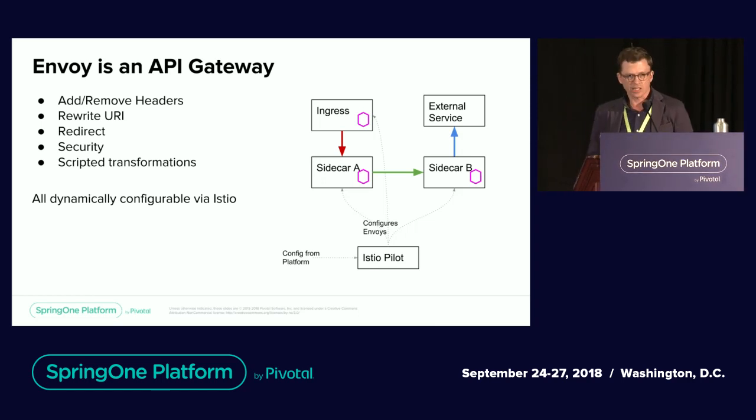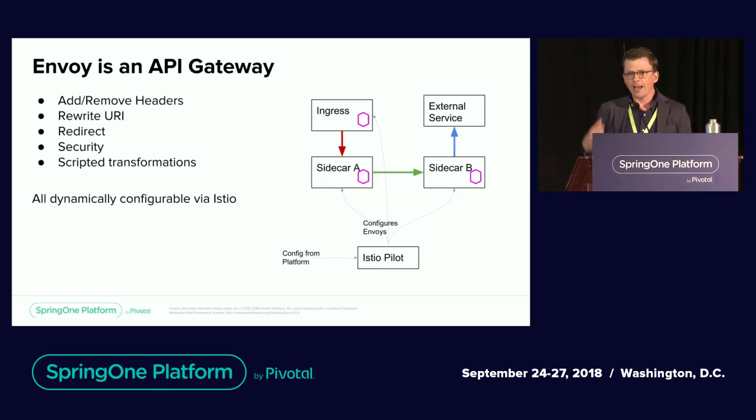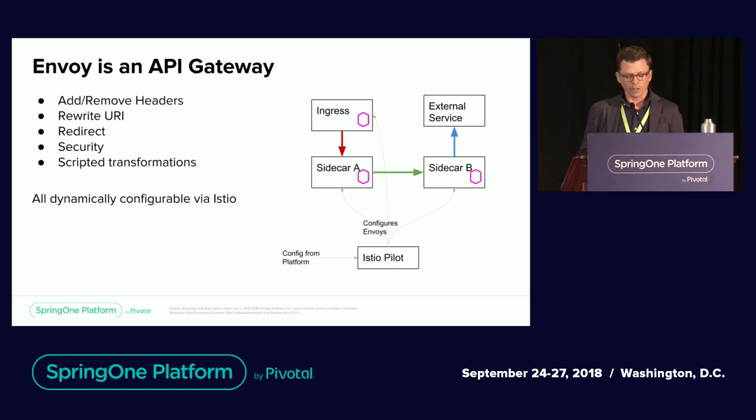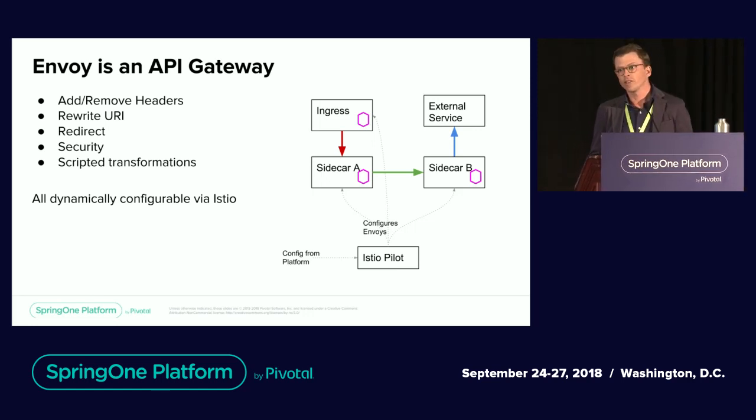My hypothesis is that Envoy and Istio are an API gateway, and a pluggable one at that. In addition to the use cases we've discussed, security, auth, all these traffic management controls, you can add or remove headers, you can rewrite URIs, redirect wherever you like. You can even do scripted composable transformations. This sounds a lot like an API gateway.